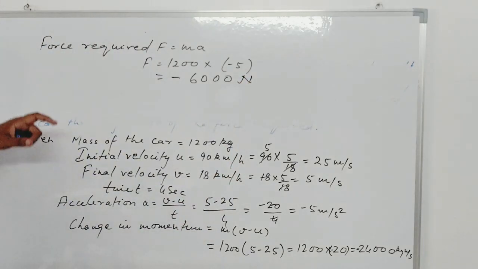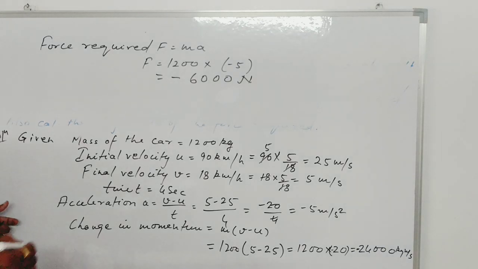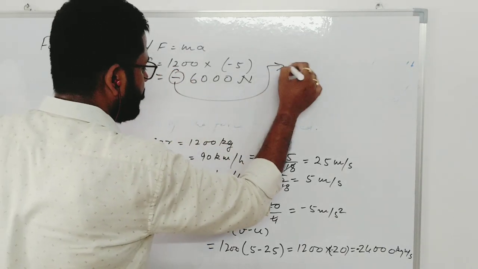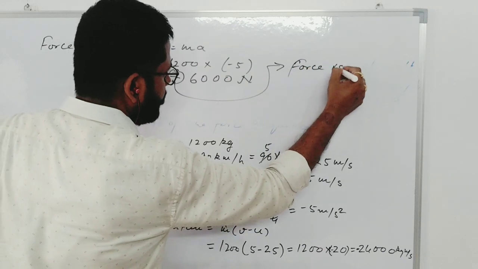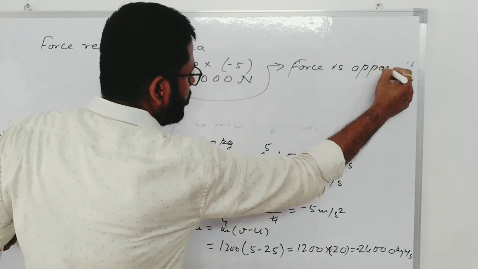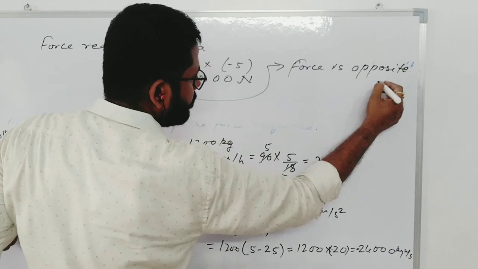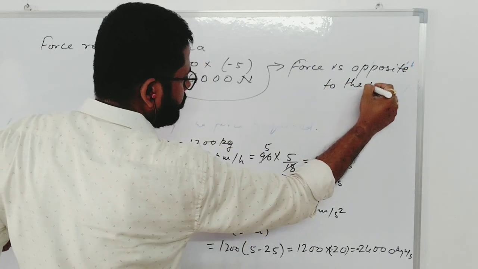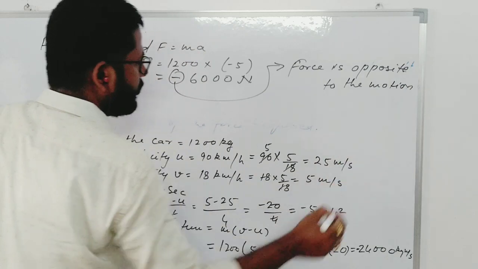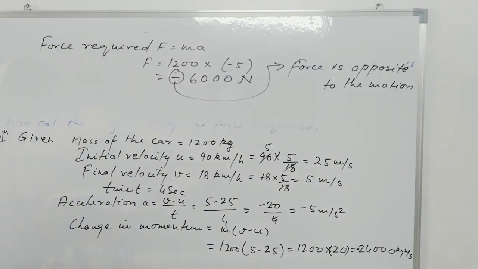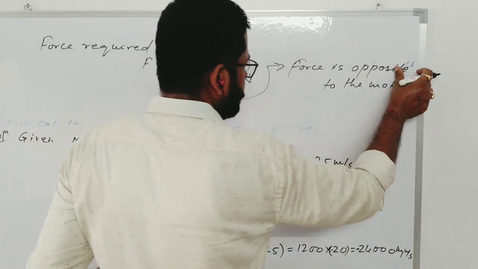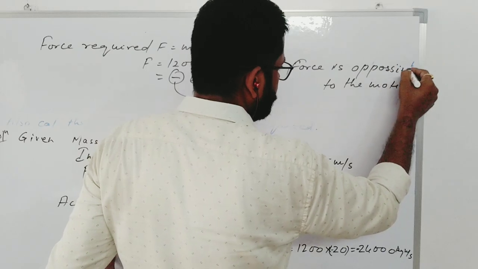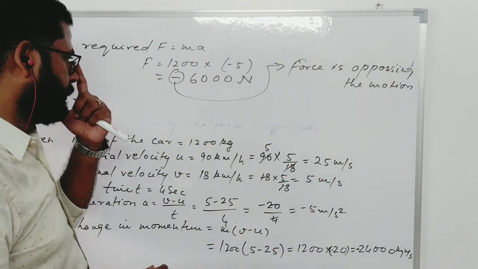What does the negative sign show? That the force is opposite to the motion. Or you can also say that the force is opposing the motion.